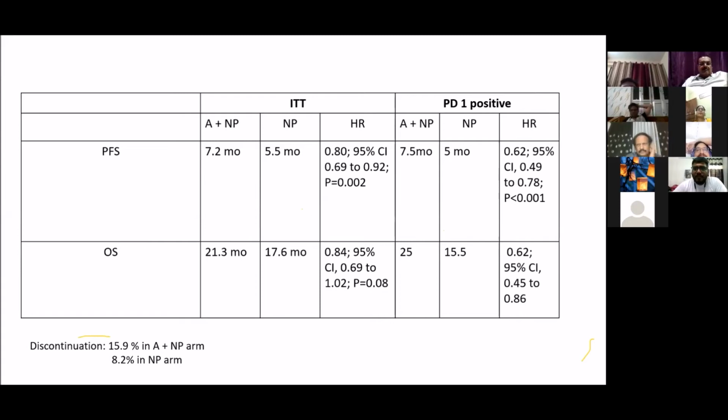And second, only those who were PD1 positive. So the atezolizumab arm showed significant benefit in PFS in the intention to treat as well as the PD1 arm, but there was no significance in the intention to treat group in overall survival. So it just showed that in patients who were PD1 positive, there was significant benefit of giving immunotherapy with chemotherapy.